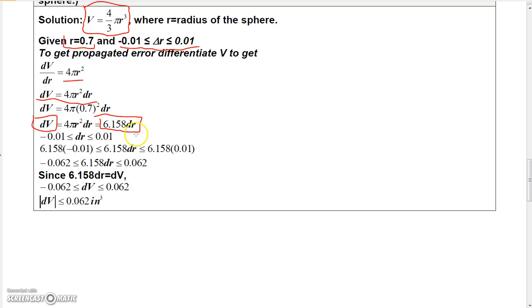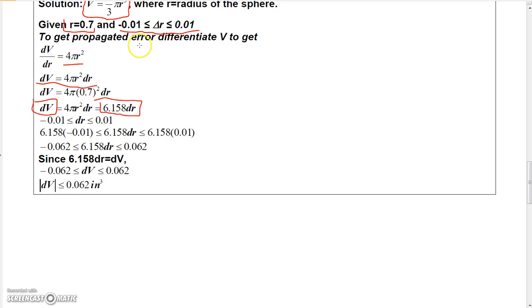But remember, we can approximate dr with delta r. So we know that dr must be between 6.158 times negative 0.01, and 6.158 times 0.01.